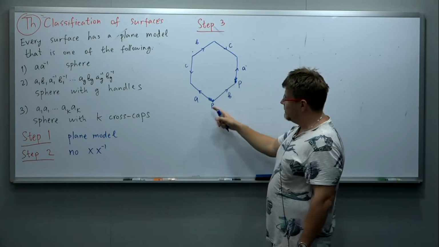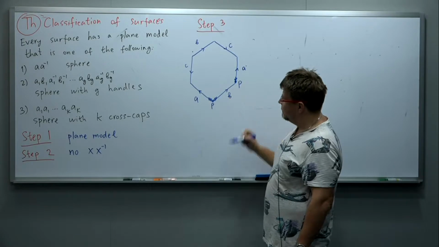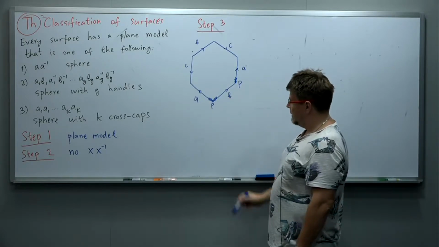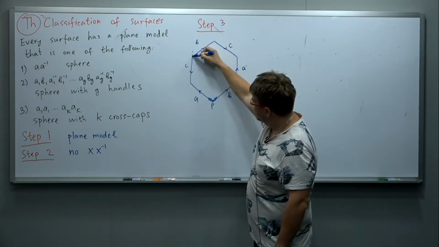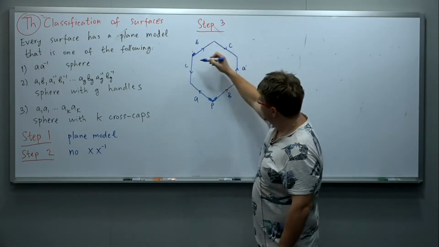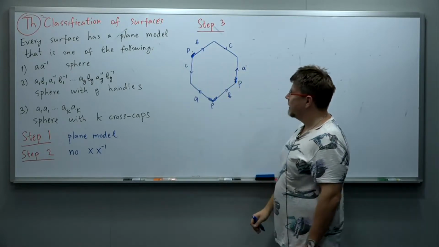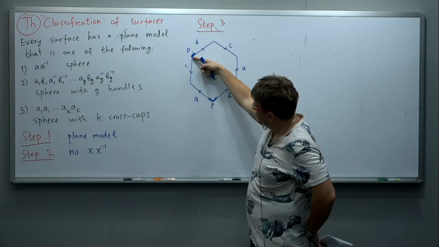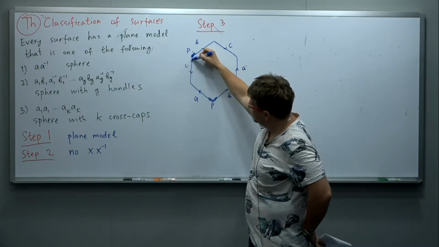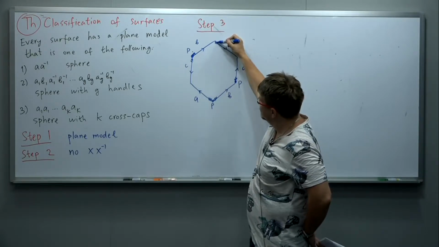At the same time, let's look at B. So P is also found in the tail of B. But then B is going to be glued to this B, which means that here we also have the tail of B, which means that this is also a P. Well, but here we can see that P is also in the tail of C, and then we can find another copy of the tail of C, which is here.